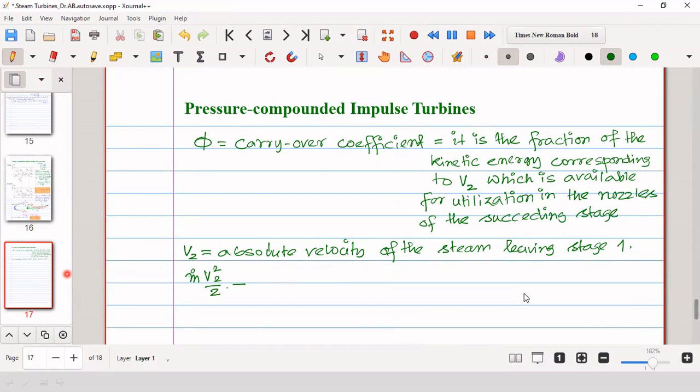So phi is basically the fraction of that, for the next stage.